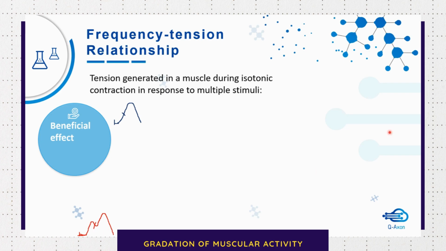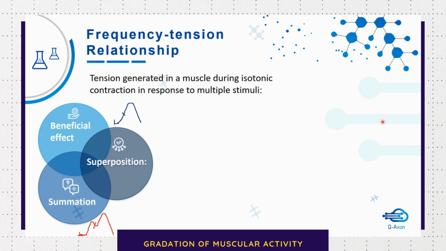So when you give two consecutive stimuli, there could either be summation as with this graph, and this is because the second stimulus has been given during the relaxation period of the first curve. Or you could have superposition, which is what you see here, because the second stimulus is given during the contraction period of the first curve.